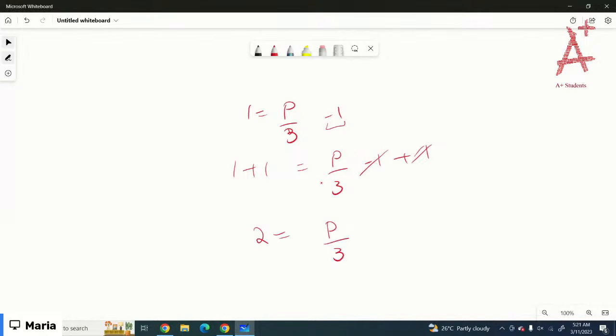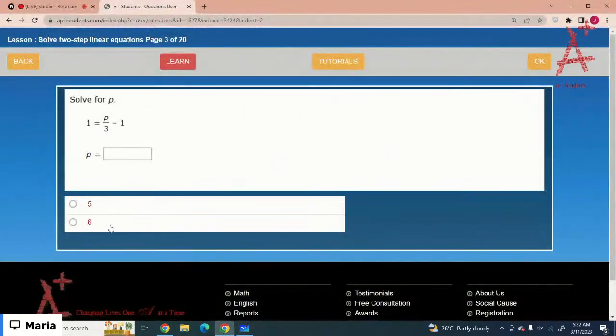P is being divided by 3, so the opposite of division is multiplication. Let's just multiply by 3. The 3s cancel out, so you are left with p equals 2 times 3, which is 6. Got it? So the correct option is p equals 6.